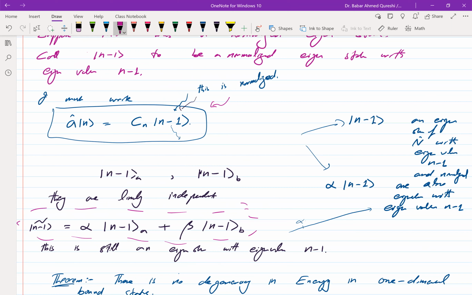And I have whatever number is generated by this operator, because this operator has a specific operation on this state. I only know that this is going to give me the eigenstate with eigenenergy n minus 1, but with what constant, I don't know. I haven't computed it yet. So I just write it as Cn. So any question?